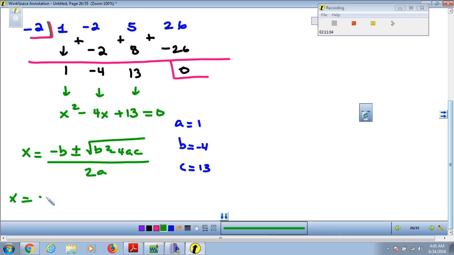I have negative b, it's a -4, plus or minus b squared, which is -4 squared, minus 4 times 1 times the c.